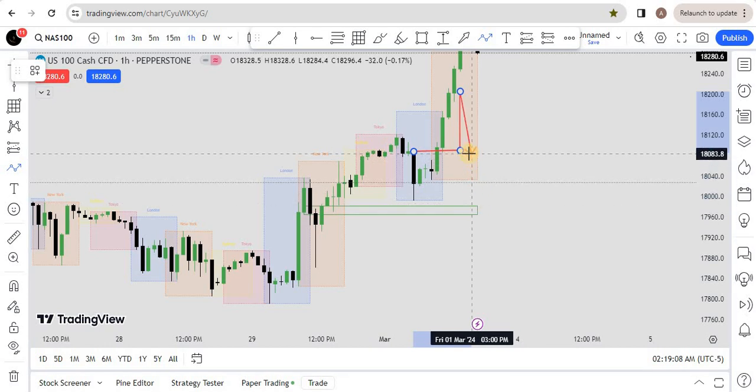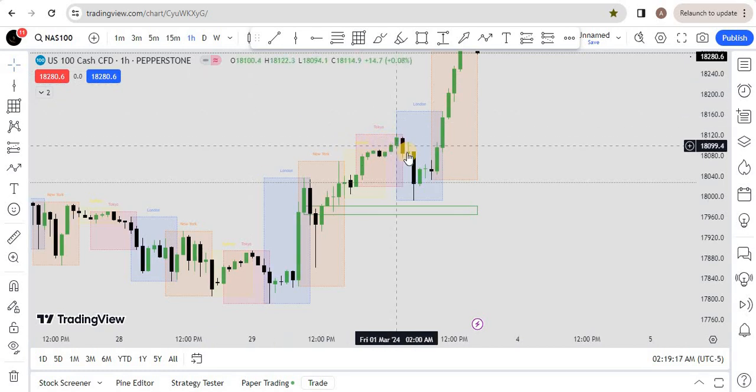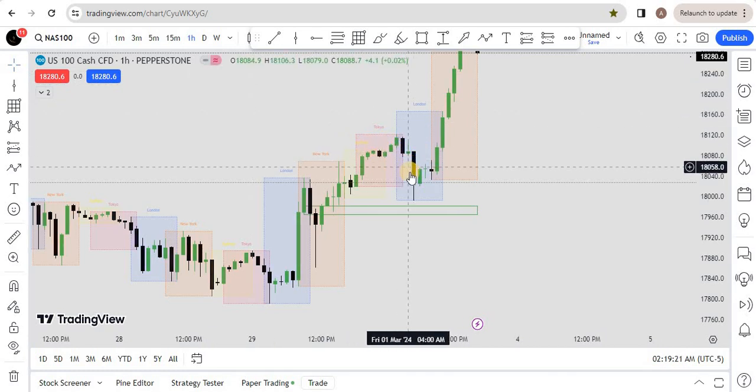It can come to the upper part, it can come to the middle, it can come to the bottom, but it should not break and close below this order block or this down close candle. Okay, if it does, then you might be wrong. Not always, you might be wrong.